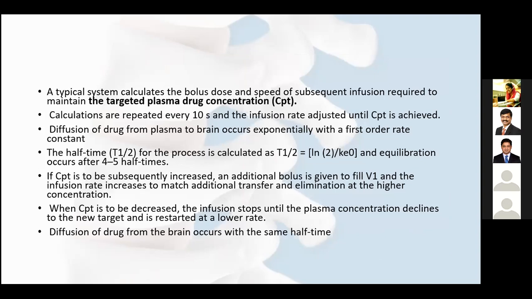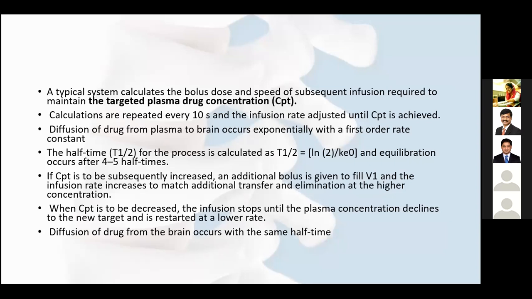The calculations are repeated every 10 seconds and the infusion rate adjusted until the targeted plasma drug concentration is achieved. Diffusion of drug from plasma to brain occurs exponentially with first order rate kinetics, and the half time for this process is calculated as T half, and the equilibrium occurs after 4 to 5 half times.